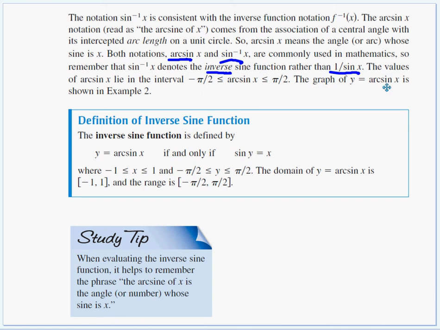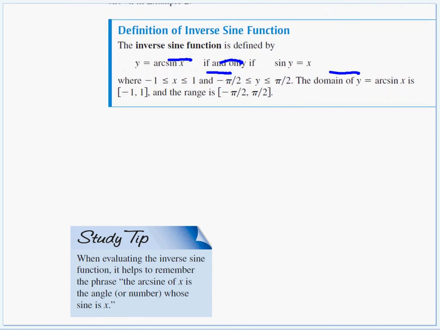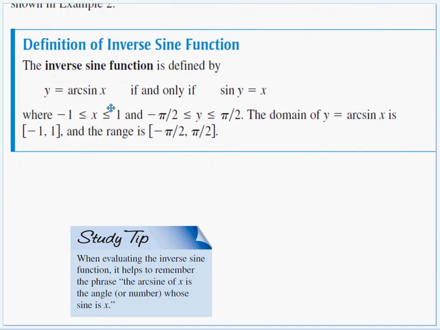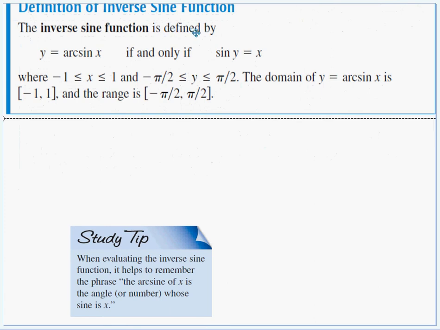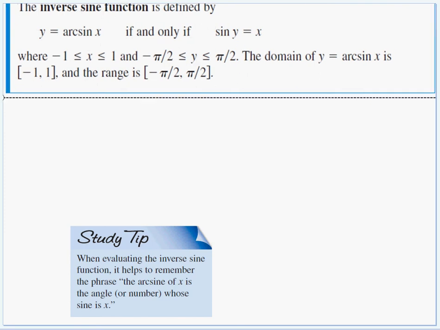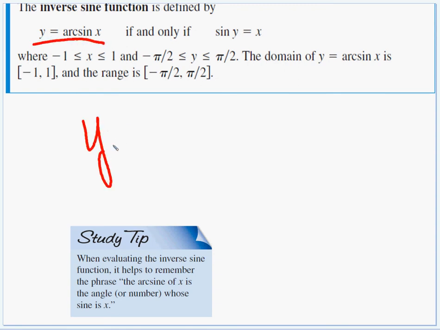So here in the box we have our official definition of inverse sine. The inverse sine function is defined by y is equal to the arcsine of x if and only if the sine of y is equal to x. Now let me show you how they went from one to the other. Here in red ink, I'm underlining y equals arcsine x.